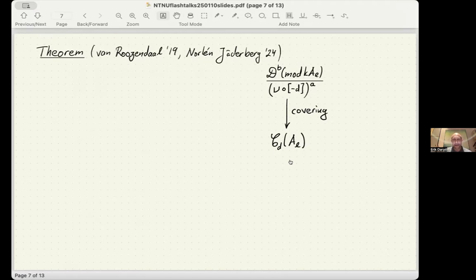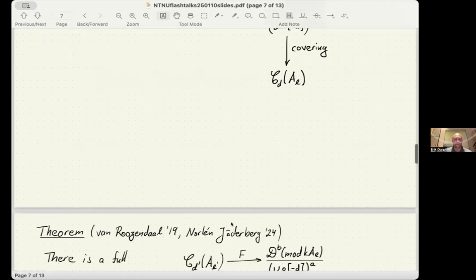So you have your d-cluster category. You consider an A-fold cover of it. So you take the same derived category and you take orbits with respect to the Nakayama functor shifted by negative d, to the power A. This gives you an A-fold cover of your cluster category. And the other cluster category will not embed into the cluster category here, but it will embed into this one.